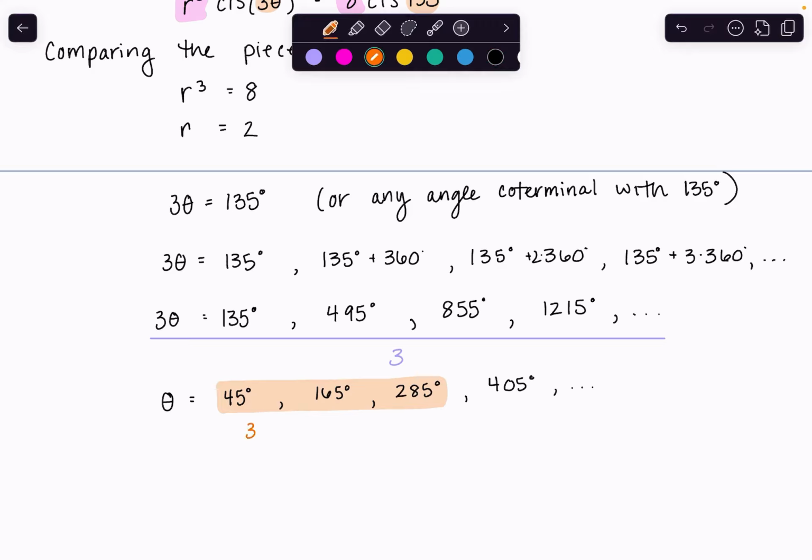So these are the 3 angles we're going to use for the 3 roots. This one went a little bit further. It's actually coterminal with 45 degrees.